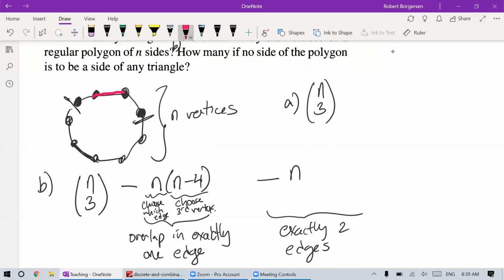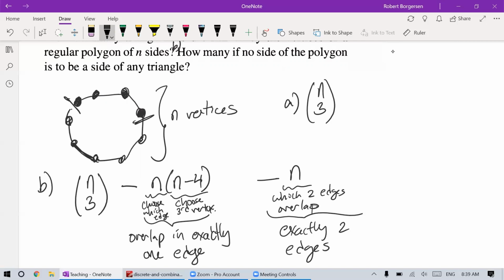And then how many ways can I finish that triangle? One way. Just draw the line. Right? And so there you go. There's n ways to choose the 2 edges it overlaps. And that's it.